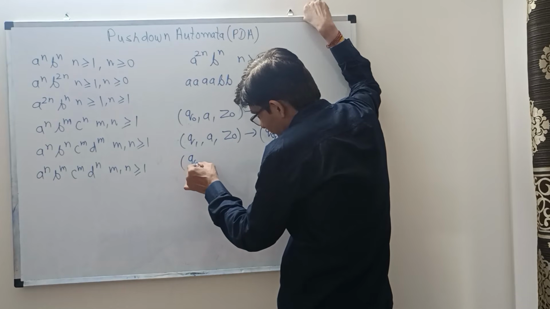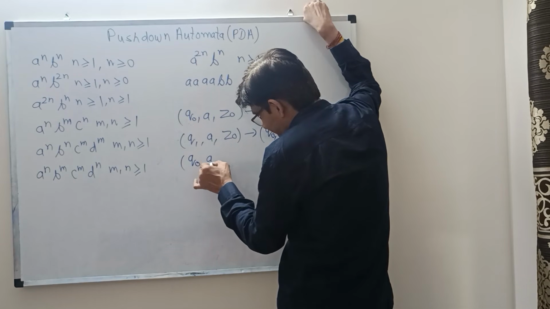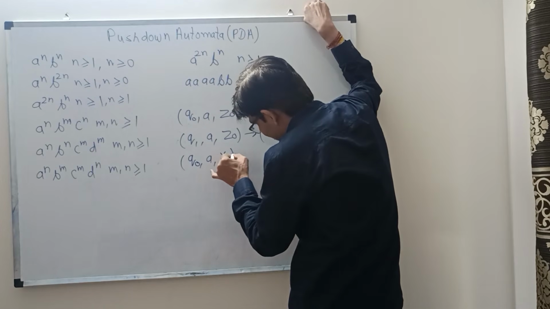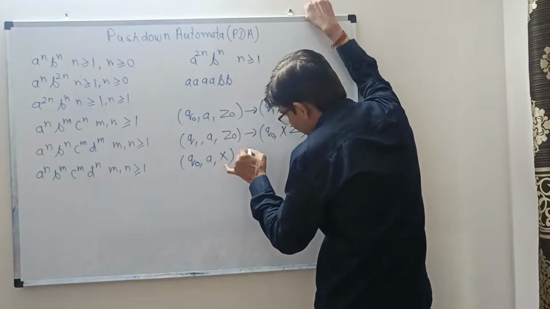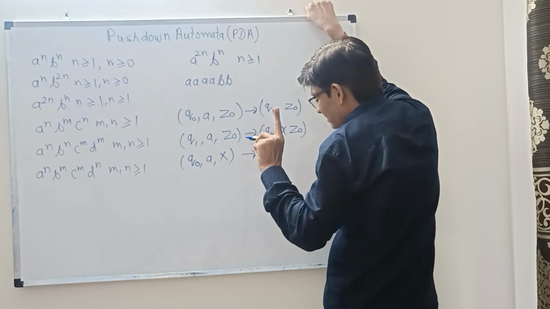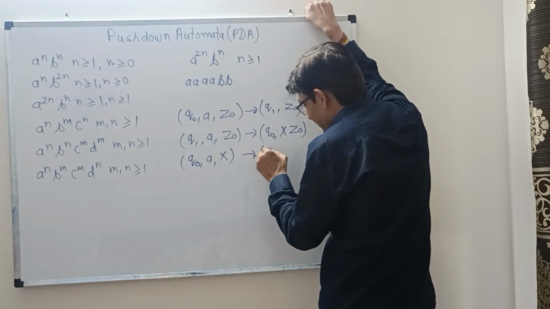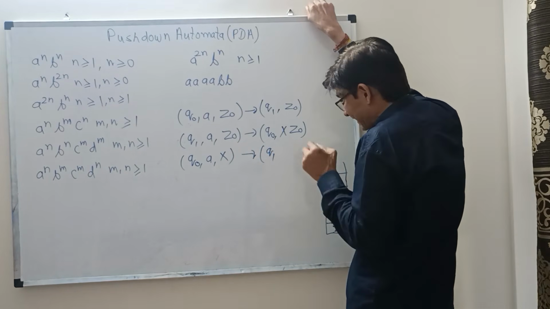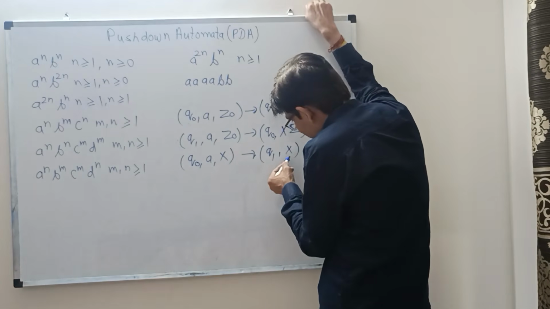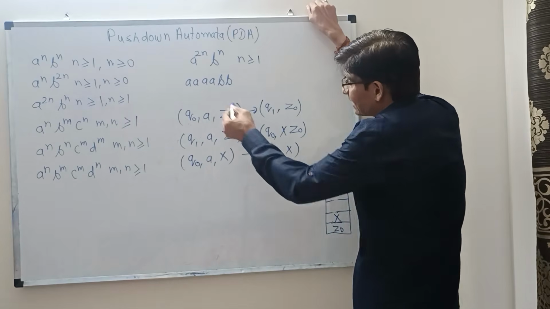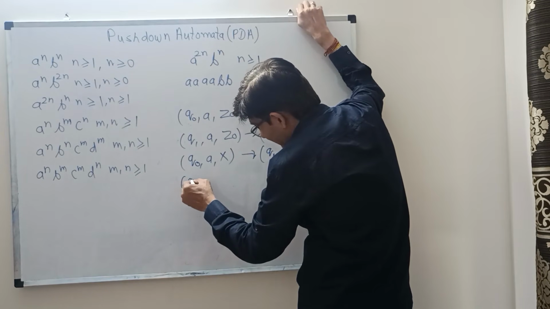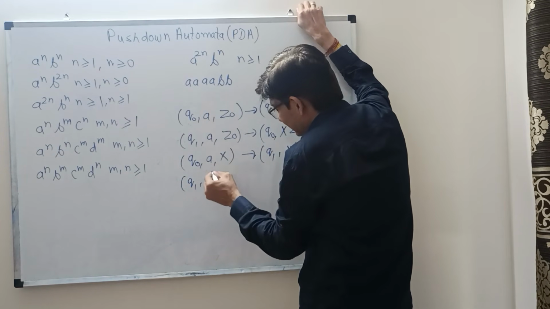So on Q0, we will be reading A again, and this time X would be on the top of the stack. I can write it like this, and then according to our logic, we need not push any symbol into the stack. We need to only change the state. So we will move to Q1 again, and we will keep the stack as it is. This is how we can read the third A. Then we are in Q1, and we are reading the fourth A here.